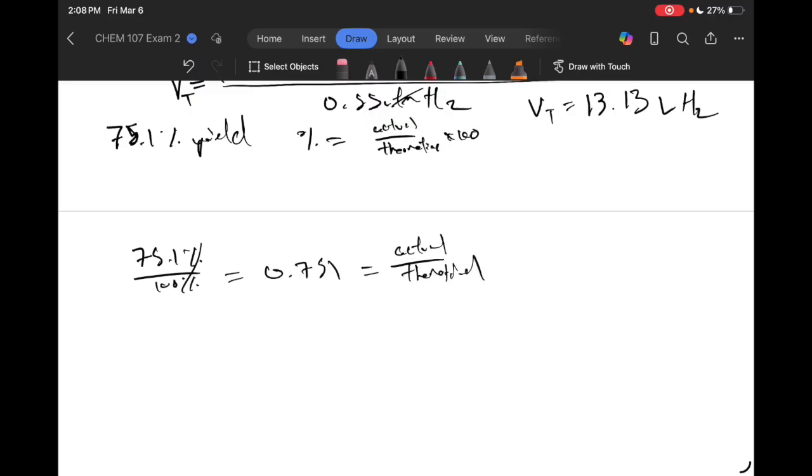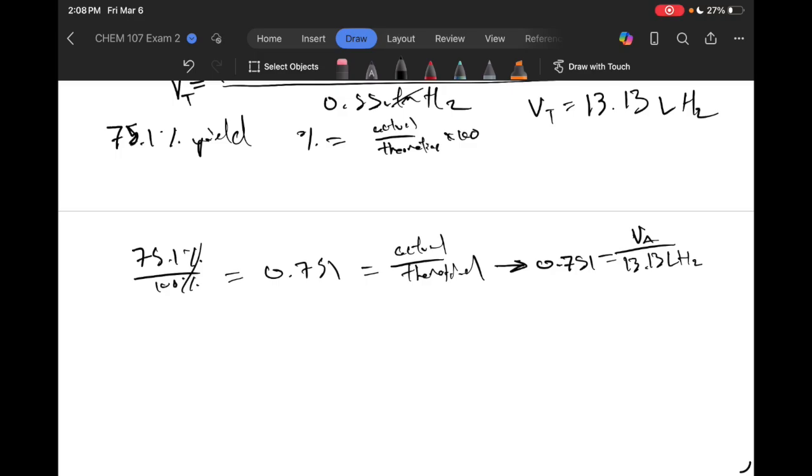Well, we know what our theoretical is. It was 13.13. So 0.751 is equal to our V actual over our V theoretical, which was 13.13 liters of H2.